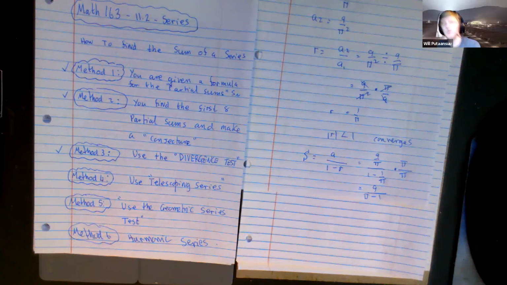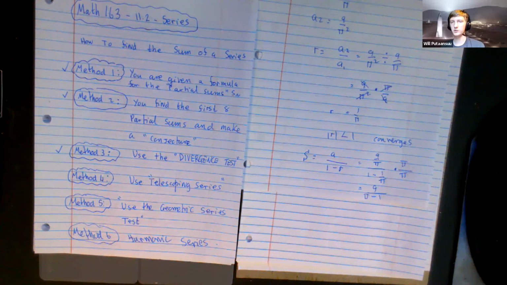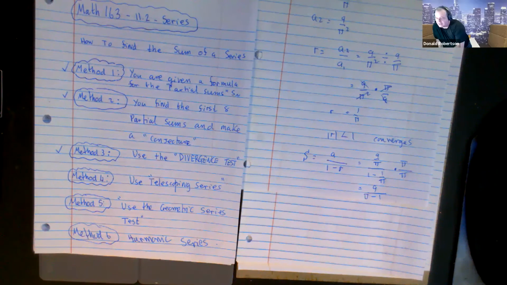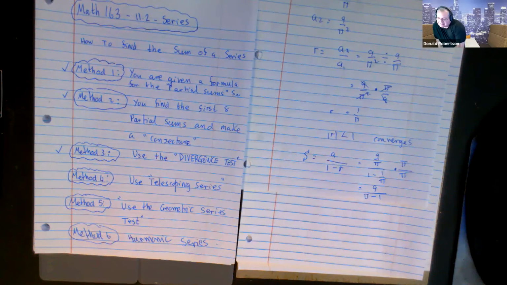I have a question about finding r on a test. Would you give us full points if we just took the sigma and factored out that 9, and then wrote basically sigma of 9 times 1 over pi to the n? Could we just then say that r is 1 over pi? Yes, that would be accepted. Some of them, you can do that pretty easily.